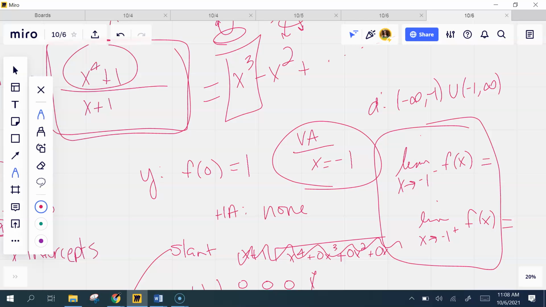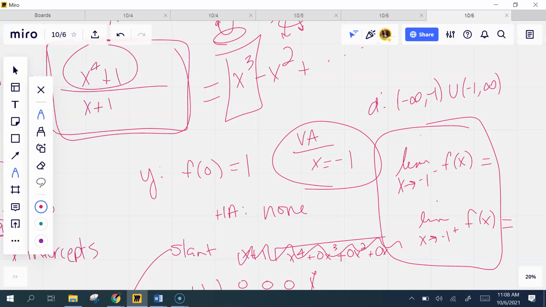Both ends would go to negative infinity. So if it's negative x squared, think about a parabola that's opening down.